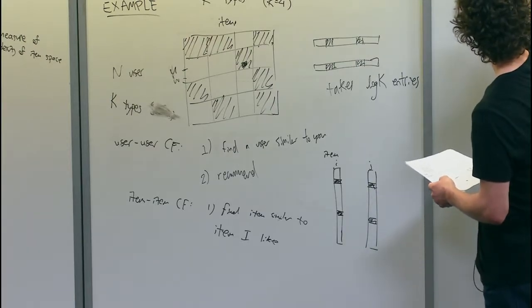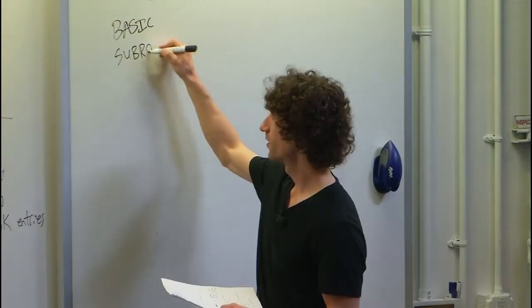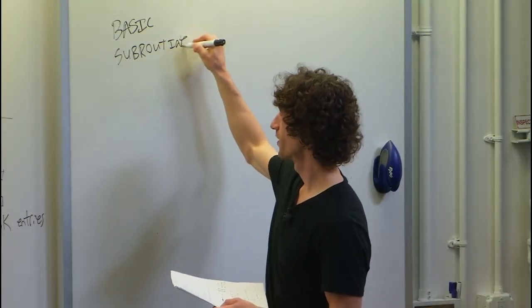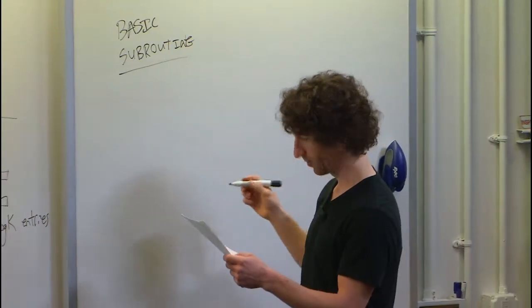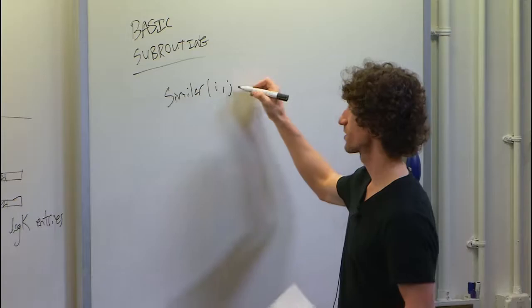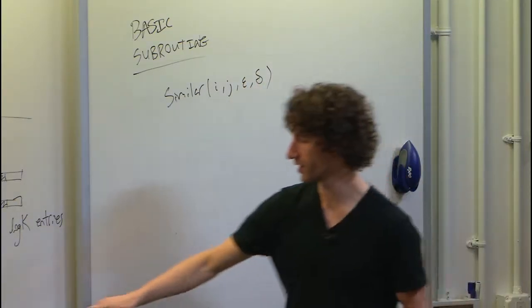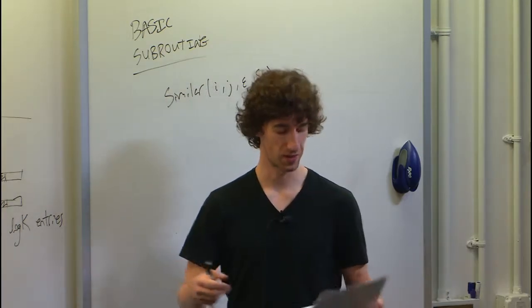And so that gives rise to an algorithm which is based on a basic subroutine. The basic subroutine is check whether two items are similar. And you just query a bunch of users on both the items. You can check if they're similar.